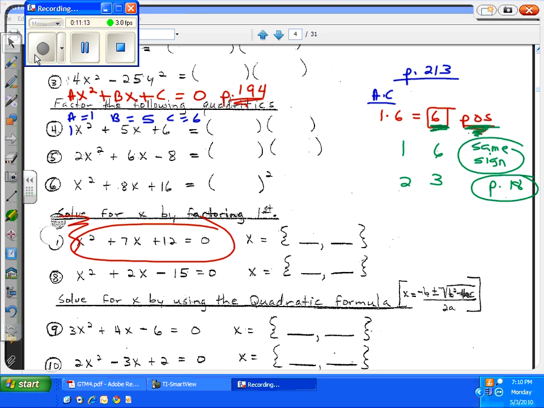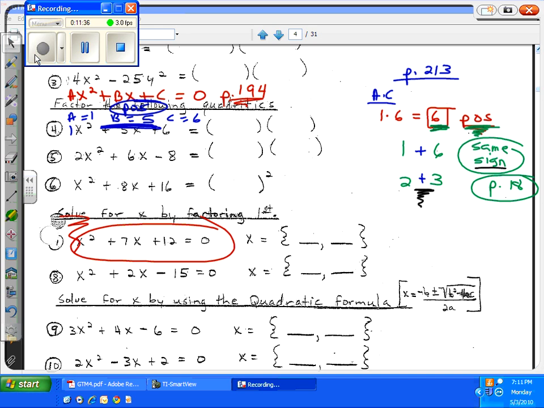Now step 3 says pick the pair that add to give you the B using sign rules. And the B is a 5, and we want to focus on its sign, which is positive. Now we've got ourselves set up for sign rules. So we're going to say our addition sign rules.